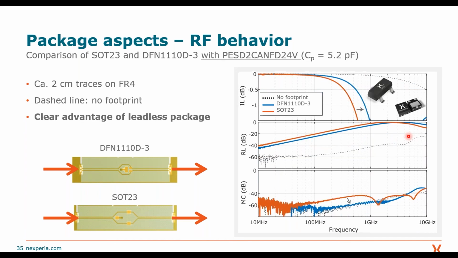But then when you put a real device on the PCB and measure it again, and these devices both have the same die with the same parasitic capacitance of 5.2 picofarads, when you measure it, you see a difference, and it can be seen very clearly in the insertion loss.